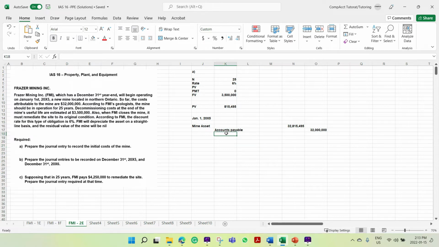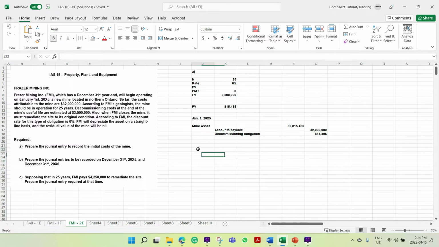And then lastly there, now we got a decommissioning obligation. And I can borrow it from up here. So that's the initial entry.